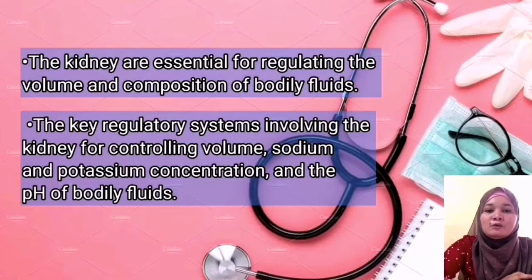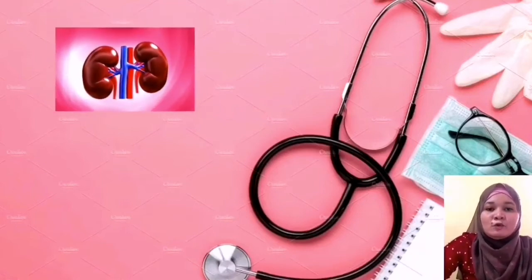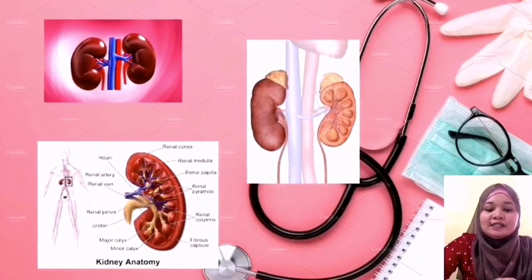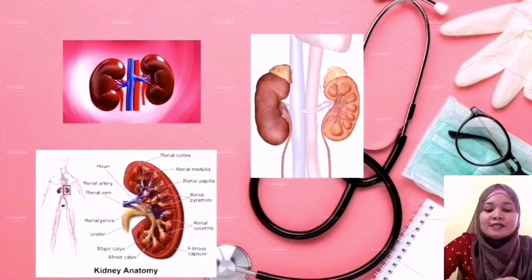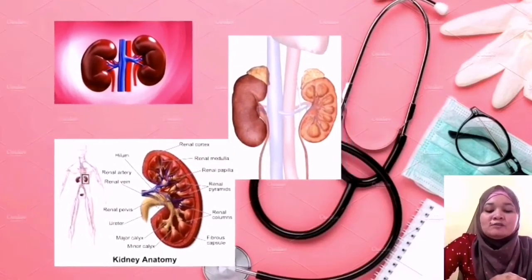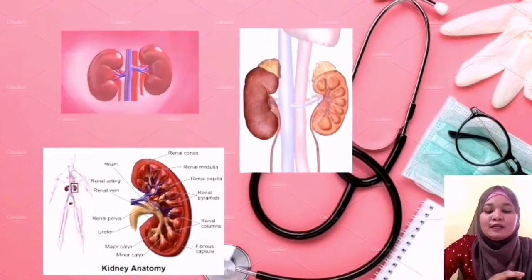One way the kidneys can directly control the volume of bodily fluids is by the amount of water excreted in the urine. Either the kidneys can conserve water by producing urine that is concentrated relative to plasma, or they can rid the body of excess water by producing urine that is dilute relative to plasma.